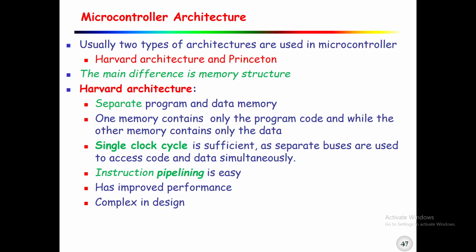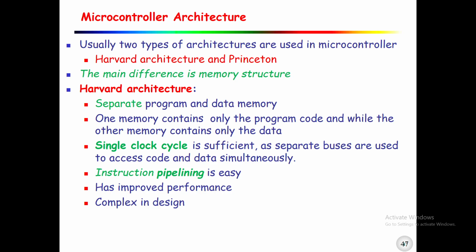This microcontroller architecture is classified mostly into two architectures, the Harvard architecture and the Princeton architecture. They look almost similar, but the difference is in their memory structure. The Harvard architecture has separate program and data memories. One memory contains only the program code, while the other contains only the data.